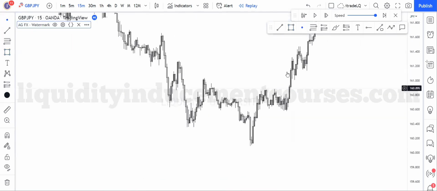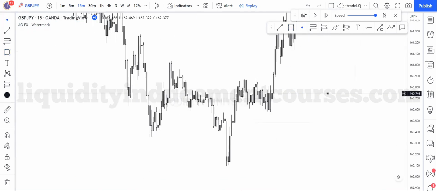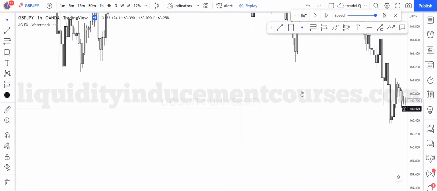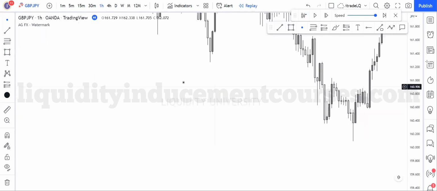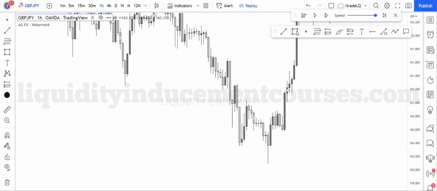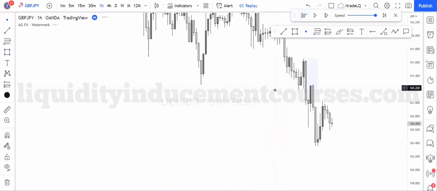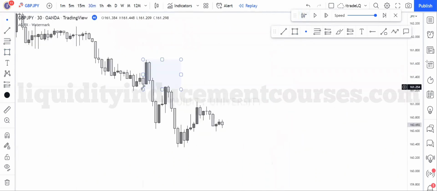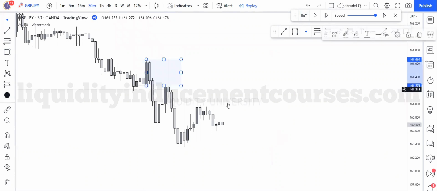So let's go to another example. Let's go to the 1 now. Here's the POI on the 1 hour time frame, right there. 30-minute changed by a bit.